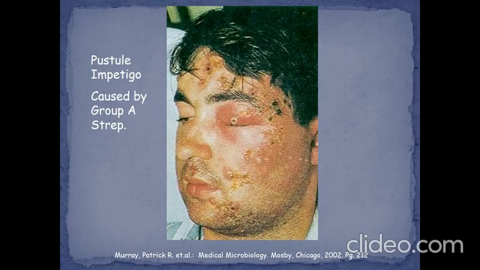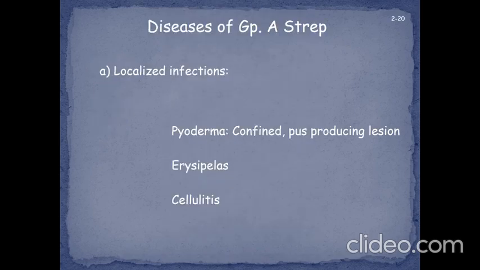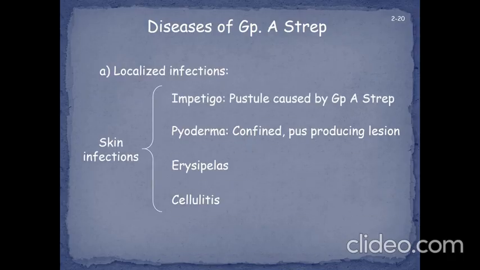Bullous impetigo, which it can cause 20% of the time. So impetigo is a pustule caused by group A strep. Now, it can also cause pyoderma. You can see the text, page 545, for more information about that, but this is a confined pus-producing lesion.